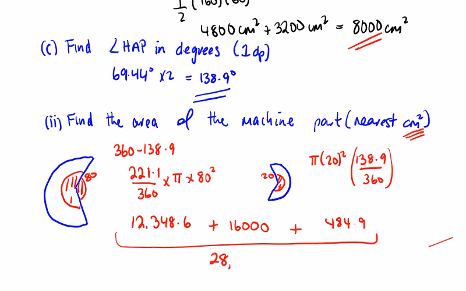I think I've rounded off too early here. Actually, I've rounded both of these up. Maybe I should have kept 2 decimals till the end. 28833. If I go back to 2 decimals here and here, I get 0.4. But if I keep the 9 and the 6, I get 0.5. So just be careful with rounding too early, which I've done on this question. So it's 28833 centimeters squared.